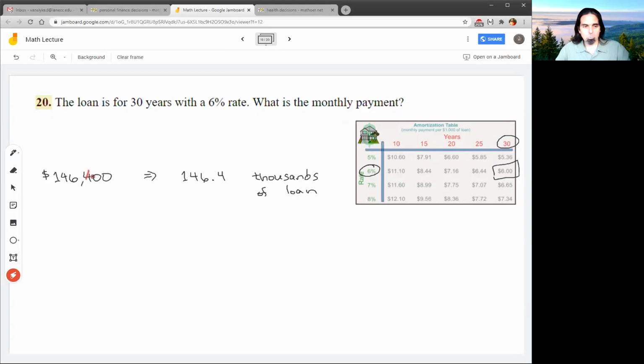Everyone okay with that? I'm getting rid of those digits. So I'll take the 146.4, multiply it by the $6 from the table, and I get 878.40.